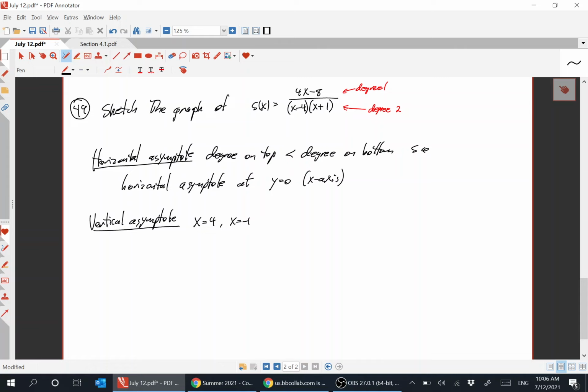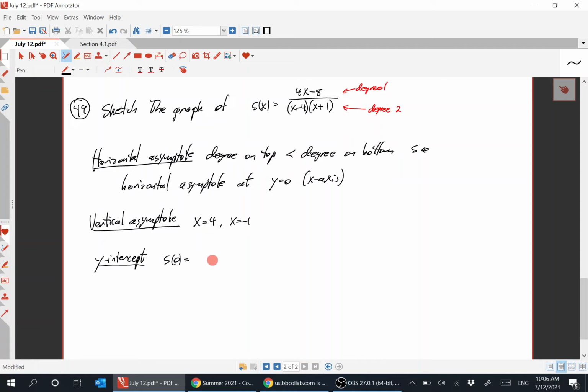So, all right, horizontal asymptote, vertical asymptote. Let's look at x-intercepts and y-intercepts. Well, the y-intercept, that's just at x equal to 0. When x is equal to 0, that's where the graph is touching the y-axis.